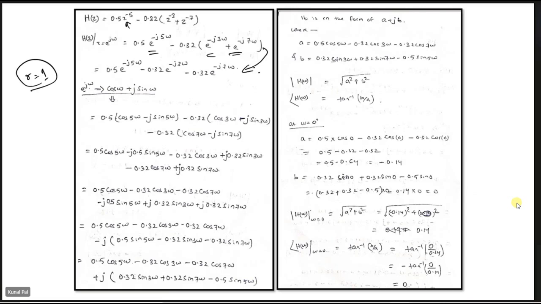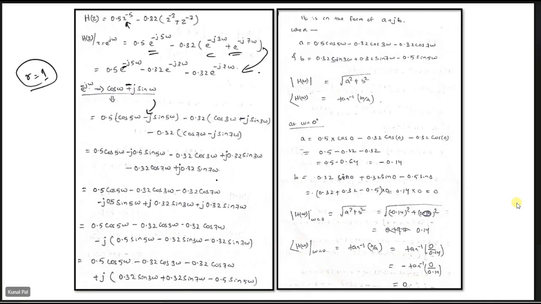Now we have e to the power j omega, which equals cos omega plus j sin omega. But in our case, we have the minus of e to the power j omega, so it would be e to the power minus j omega, cos omega minus j sin omega. Accordingly, you put all these values over here.